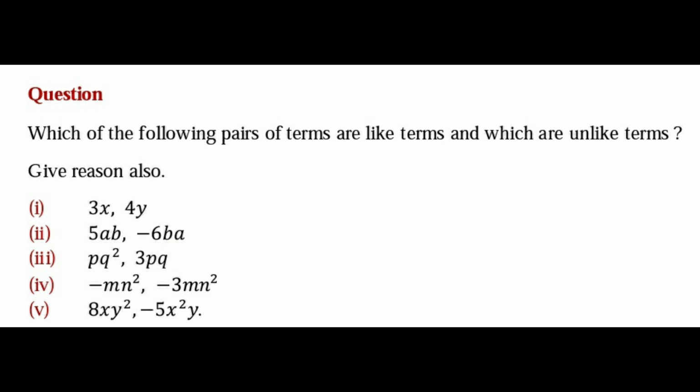The first one is 3x, comma 4y. Second is 5ab, comma minus 6ba. The order is changed. Please remember, as I told you, you don't have to see the order. Third, pq squared and 3pq. Fourth, minus mn squared and minus 3mn squared. And fifth, 8xy squared and minus 5x squared y.